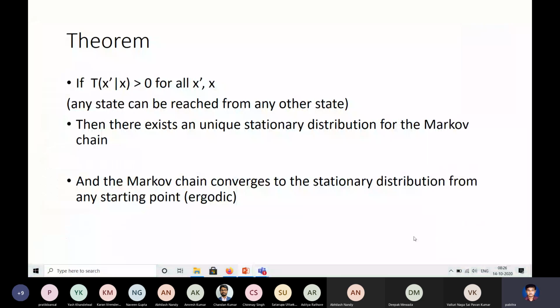When you repeat this, you will get a trajectory in the state space. And if we follow this trajectory for long enough, you will see that it moves around in some part of the space.